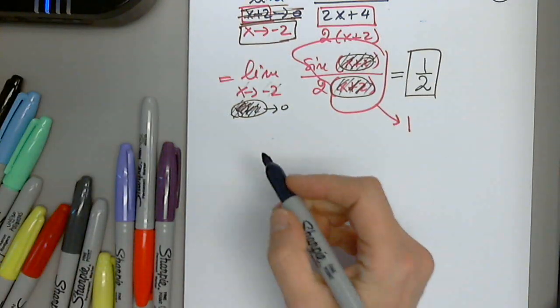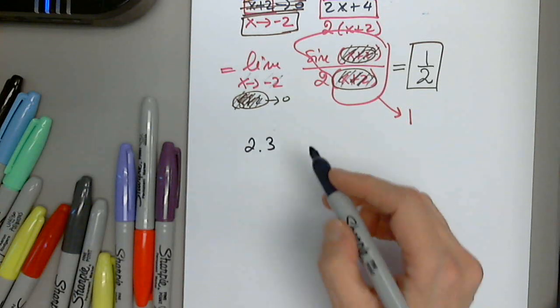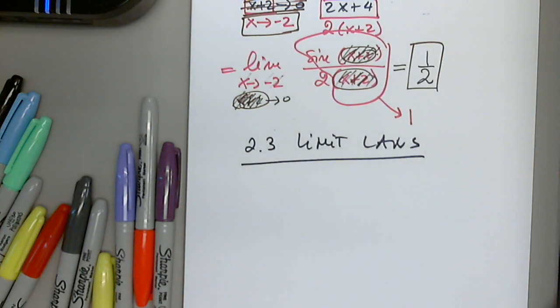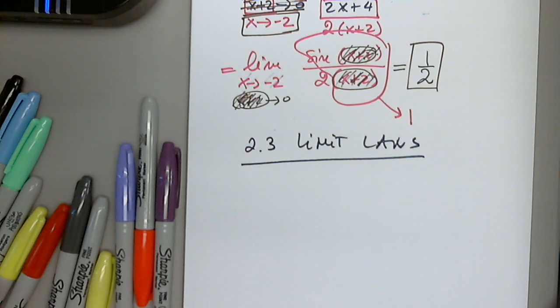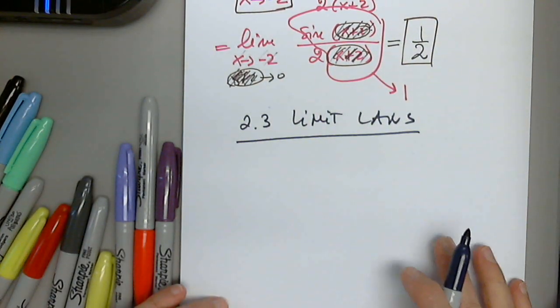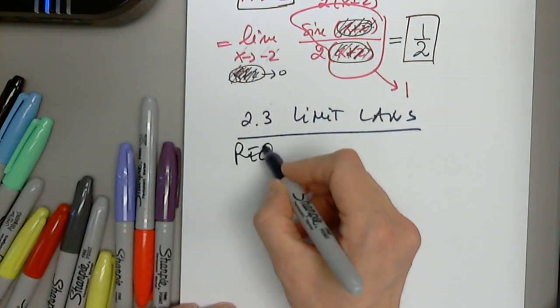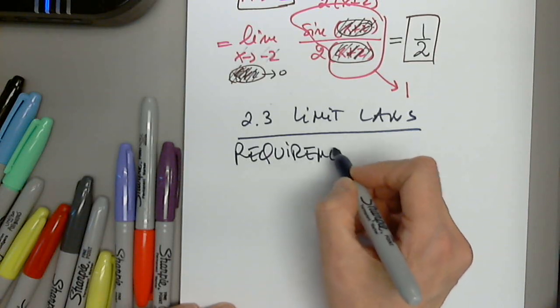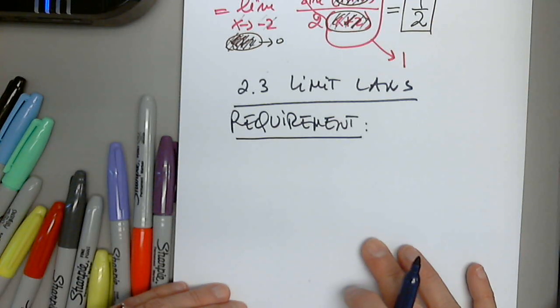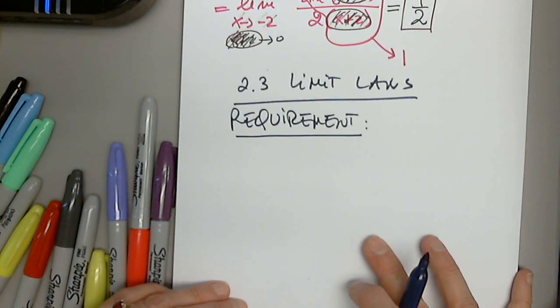Okay, we can move on now to 2.3, limit laws. There's a long list of limit laws. Actually, there are 11, and we can even produce more, but these are the basic 11 limit laws. Requirement: without which limit laws cannot be applied, or they don't exist, in other words, for us.